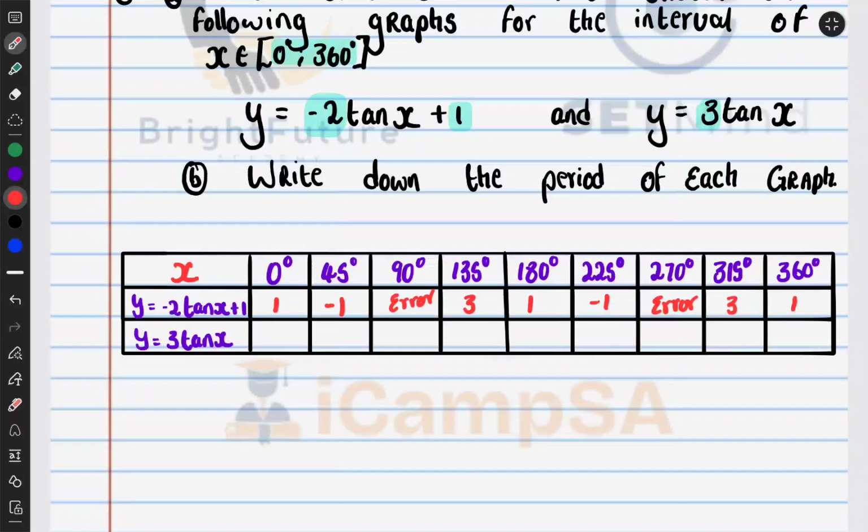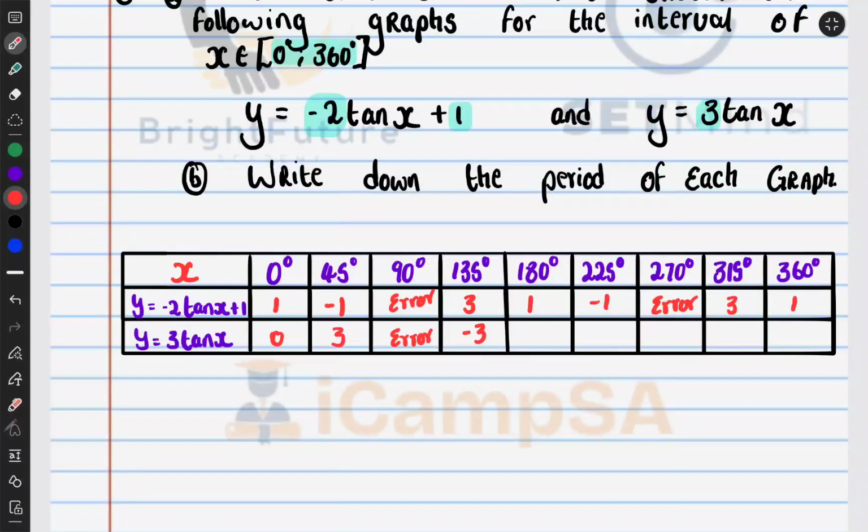Let's find the corresponding values for the other function, 3 tan x. At 0, we get a 0. At 45, we have a 3. At 90, we have an error. At 135, we get a negative 3.